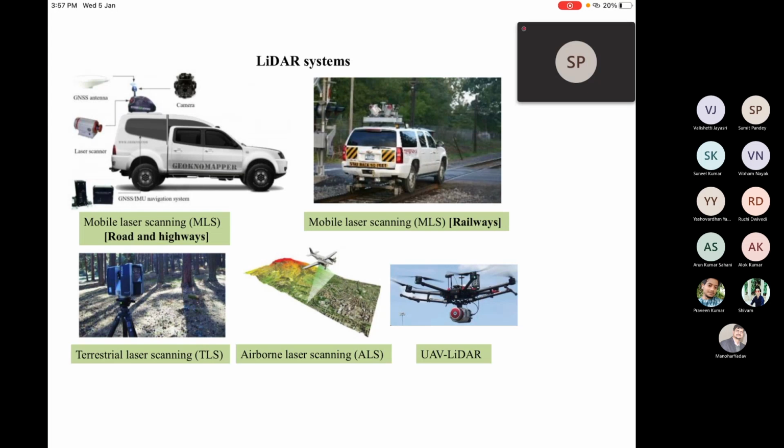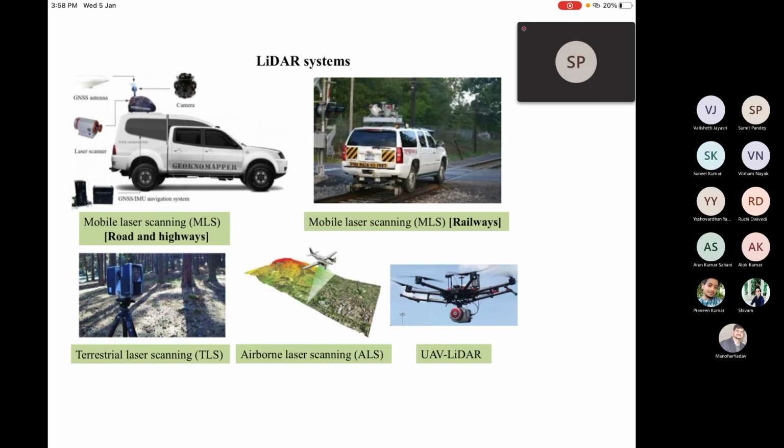So these three are the ground-based operations: mobile laser scanning through roads and highways, mobile laser scanning through railways, and terrestrial laser scanning. All these three systems are ground-based LiDAR systems. We have aerial systems as well.